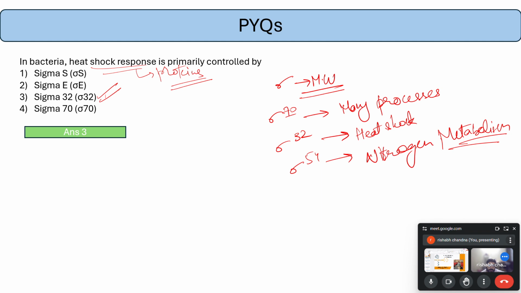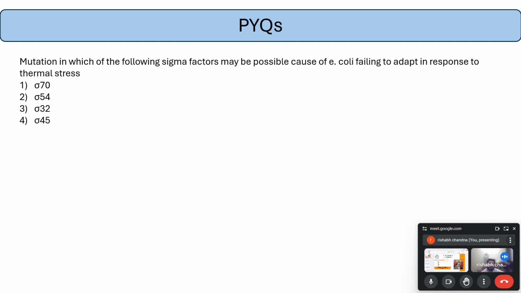Then moving on to the next question. Mutations in which of the following sigma factors may be a possible cause of E. coli failing to adapt in response to thermal stress? Okay, so just now we discussed sigma 70, most normal physiological processes.